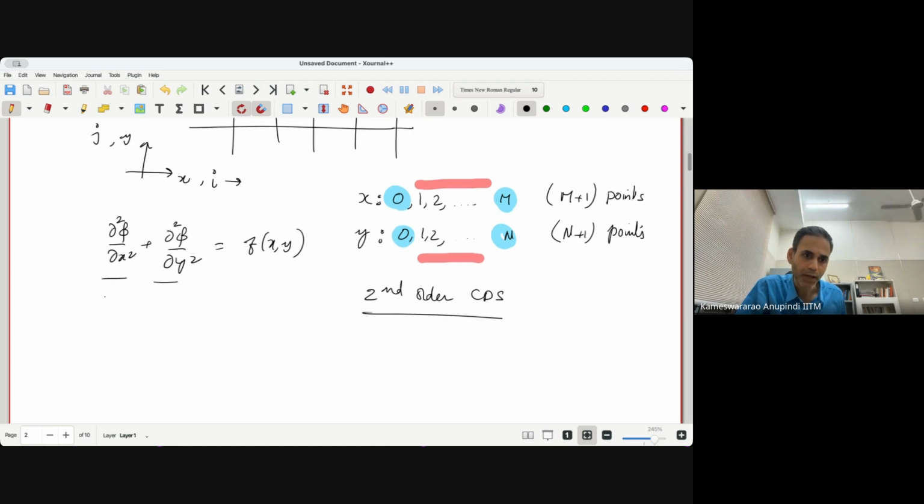We know that for the second derivative of u with respect to x, it is equal to u(i+1) minus 2 u(i) plus u(i-1), divided by delta x square.